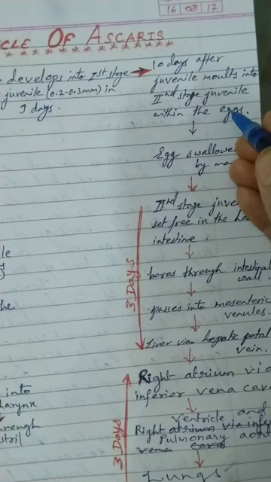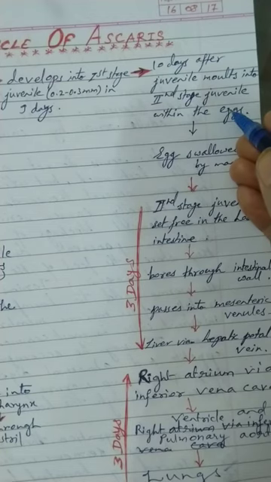Here no intermediate host is required. Transmission is direct. We all know that. Here only one host is required. It can be human, cattle, dog, cat, or a squirrel.